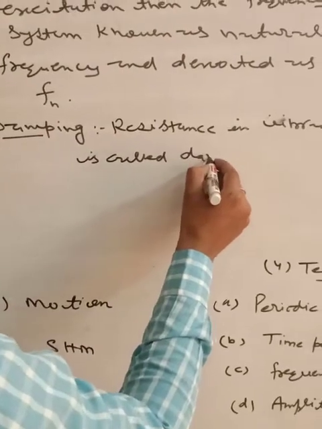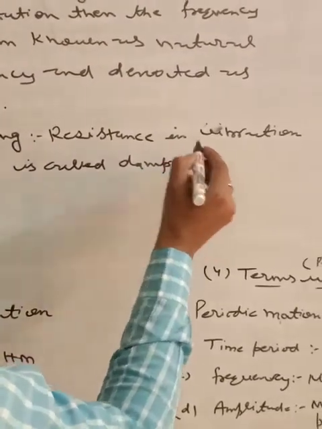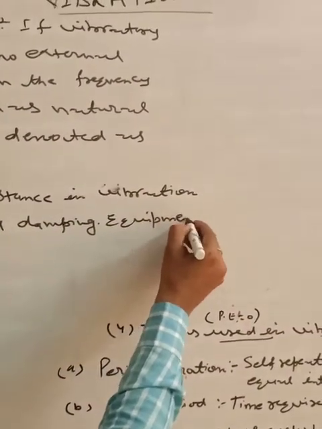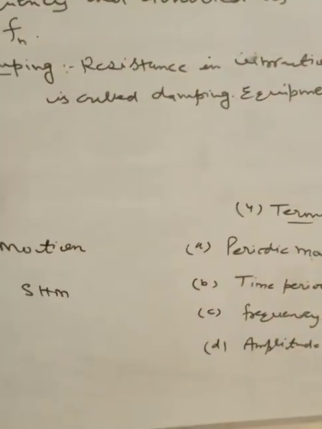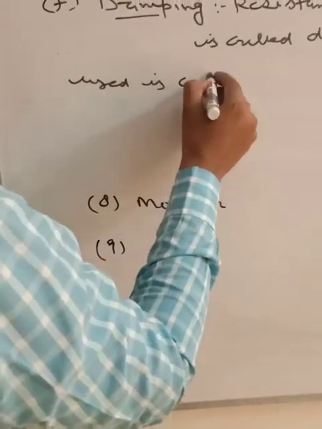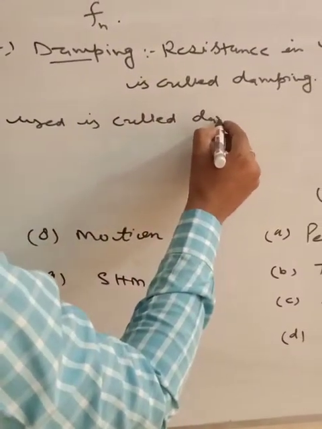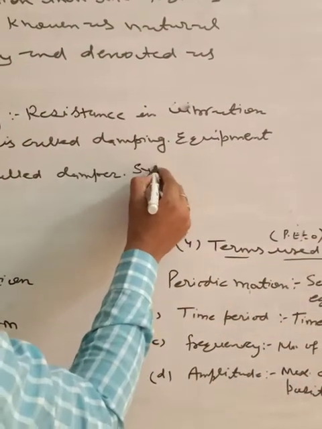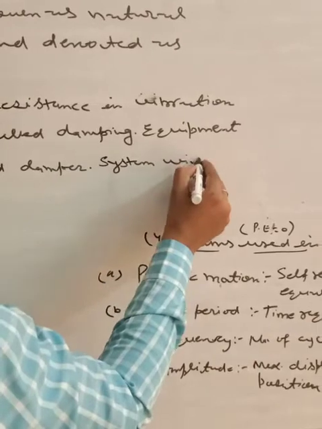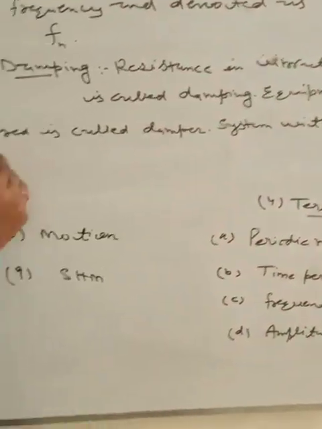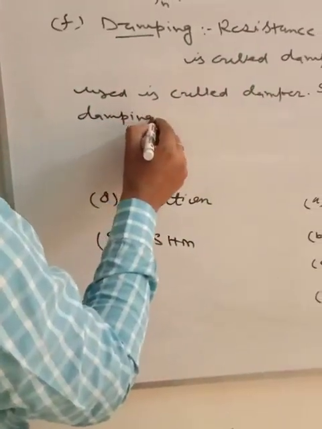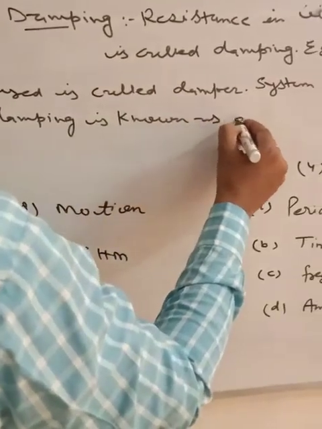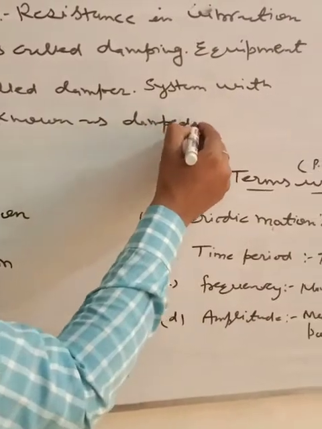Equipment used is called a damper. A system with damping is known as a damped system.